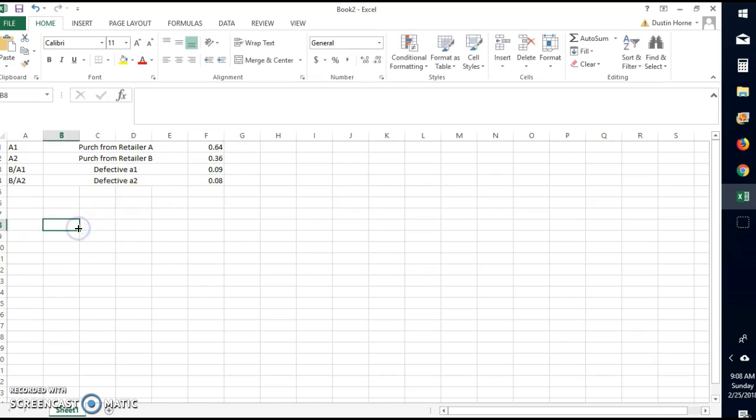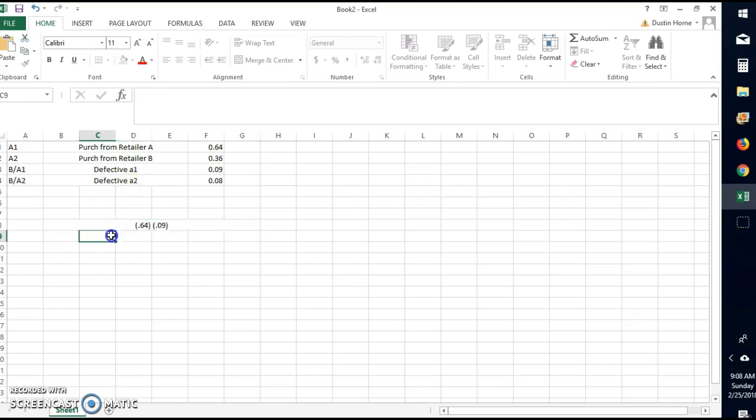So basically your formula, and I'm just going to punch in the top. The top would be the probability of A1, which is 0.64, times the probability of it being defective, given it came from A1, which is 0.09.